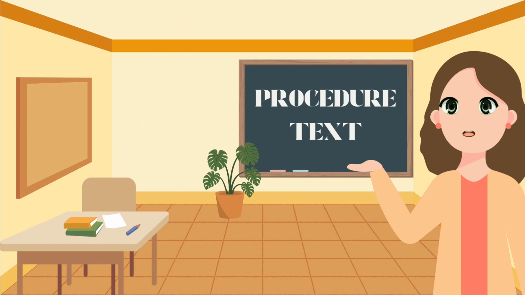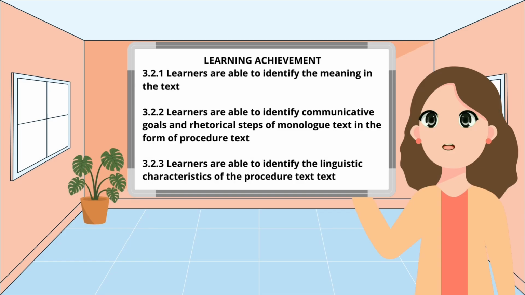Before discussing the material, we should know about learning achievement and core competence or basic competence. The learning achievements: Learners are able to identify the meaning in the text. Learners are able to identify communicative goals and rhetorical steps of monologue text in the form of procedure text. Learners are able to identify the linguistic characteristics of the procedure text.